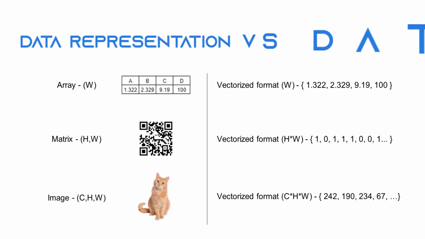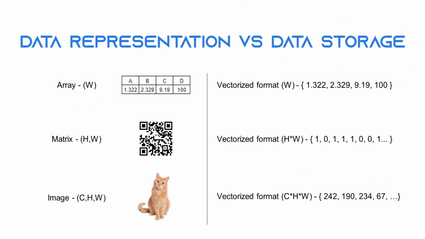And to make things clearer, let's see the main difference between data representation versus data storage. While on the left we can see three examples of data structures and their representation: an array, a matrix for a QR code for example, and a three-dimensional tensor for an image.